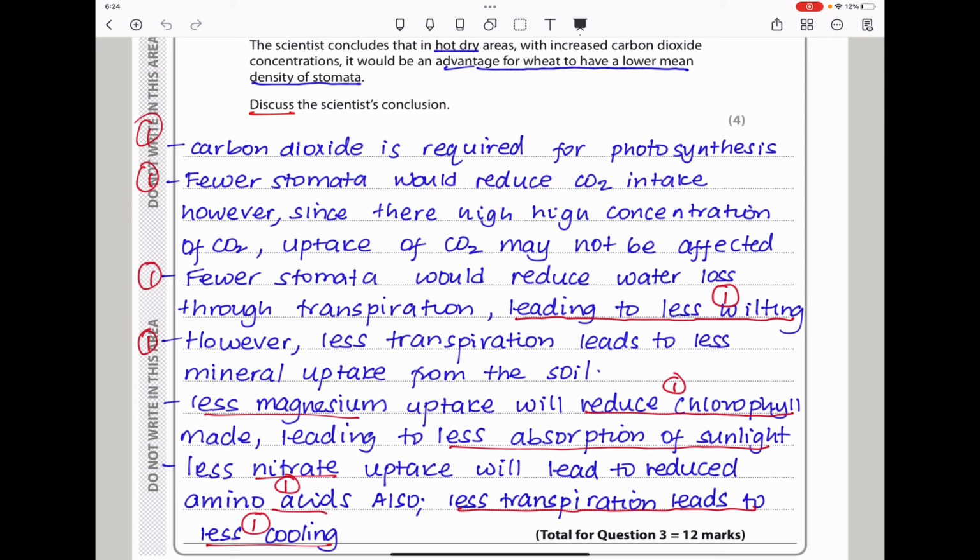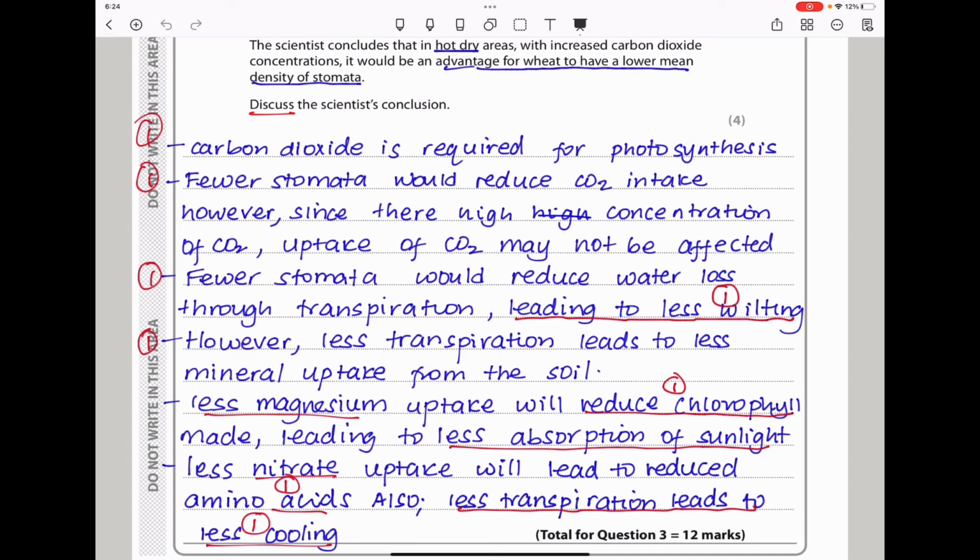That is correct. However, since they are high concentrations of carbon dioxide, uptake of CO2 may not be affected. No matter whether we have fewer stomata, provided we have a higher concentration, the uptake of CO2 may not be affected. Fewer stomata would reduce water loss through transpiration, which is beneficial, as excessive water loss leads to wilting.